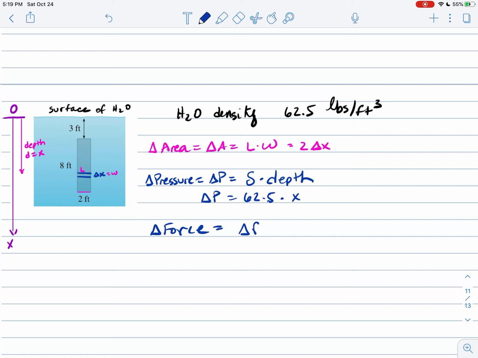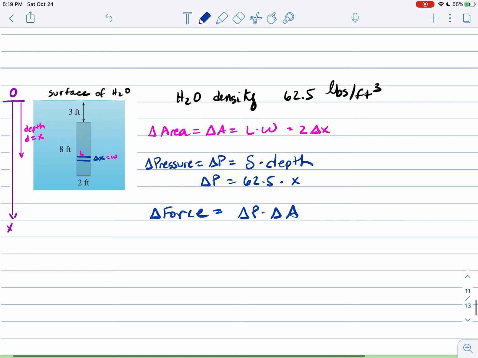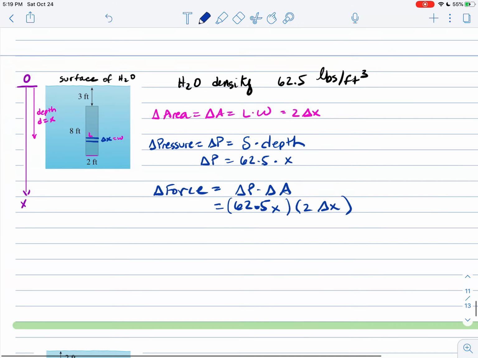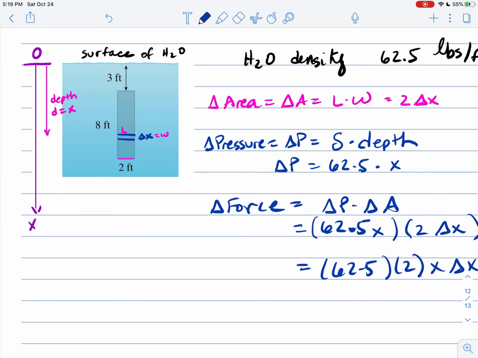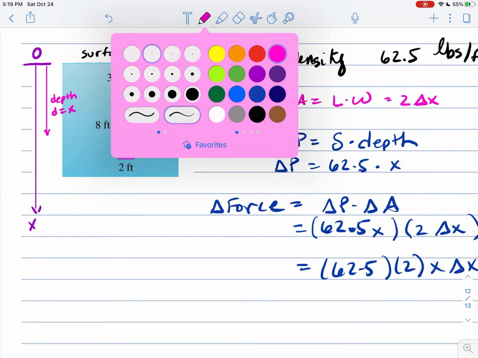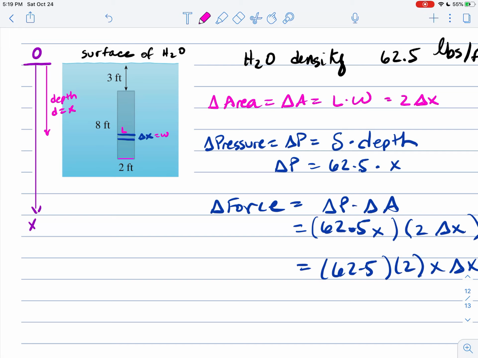Now I'm going to build my delta force, and my delta force is just my delta P times my delta A. My delta P is 62.5 X, and my delta A is 2 times delta X. So we just have that this is 62.5 times 2 times X delta X. Now, based on where I put my 0, and the plate being 3 feet below, what are the limits of integration?